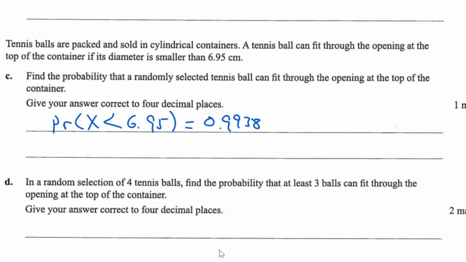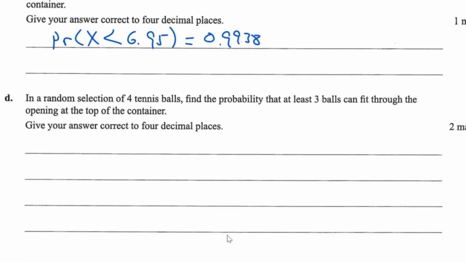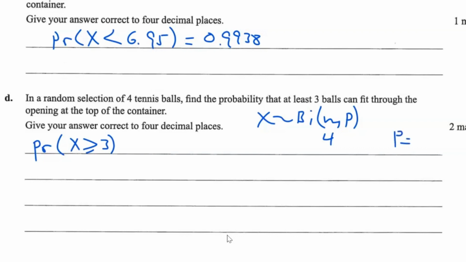And that gives me 0.9938. Alright, so this is a random selection of 4 tennis balls. Find the probability that at least 3 can fit. So this is a binomial question. n is 4, and the p-value must be 0.9938, because if they can fit, that's the probability.